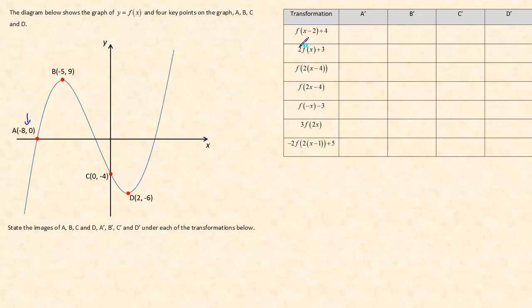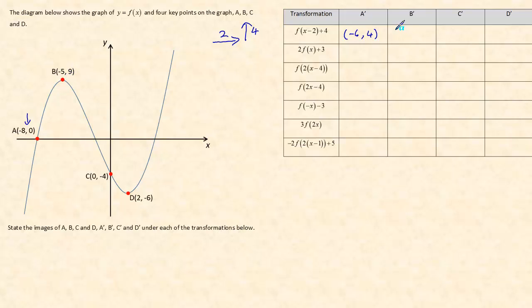We've now got some combined transformations. So this one here is going to move us to the right 2 and up by 4. So the x coordinates will increase by 2 and the y coordinates by 4. So going here, that's going to give us negative 6, 4.